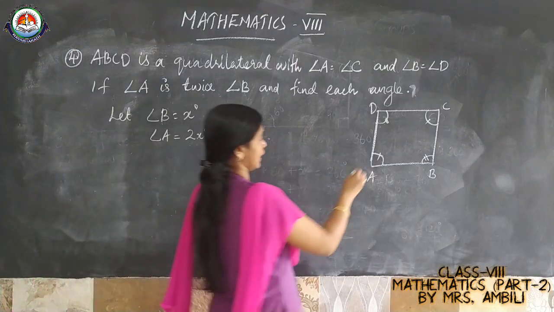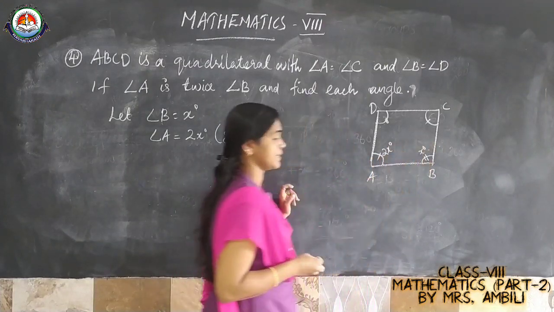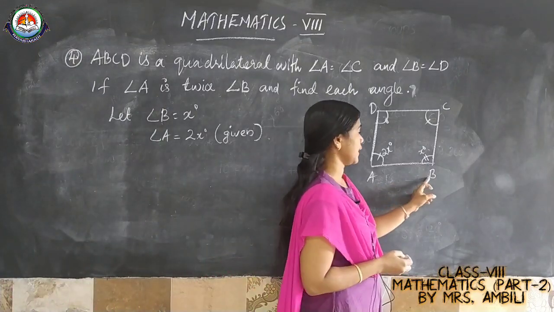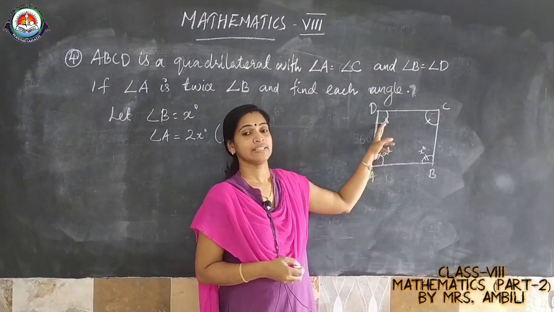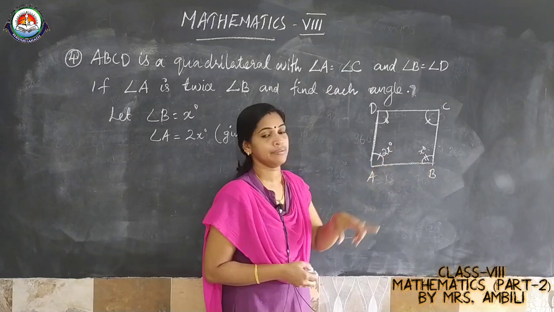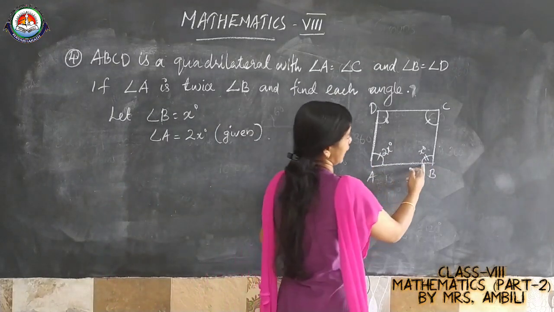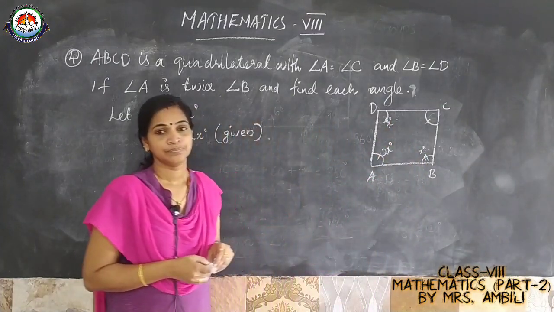So, we can mark angle A equal to 2x degree and angle B is x degree. So, if angle B equal to x degree means what about angle D? X degree, because we told already these two angle B and angle D are equal. So, if one angle is x degree means this angle also x degree.